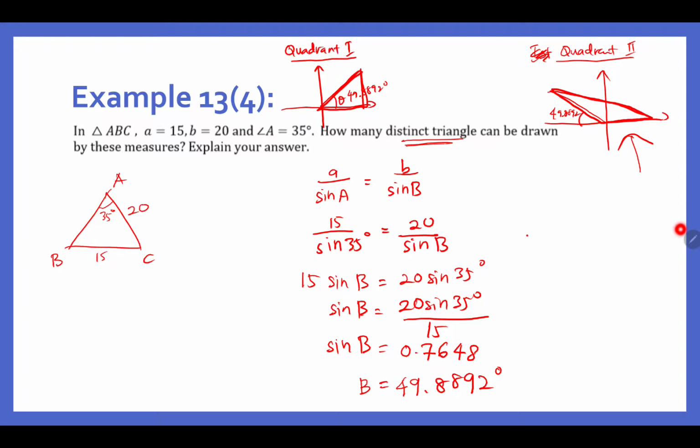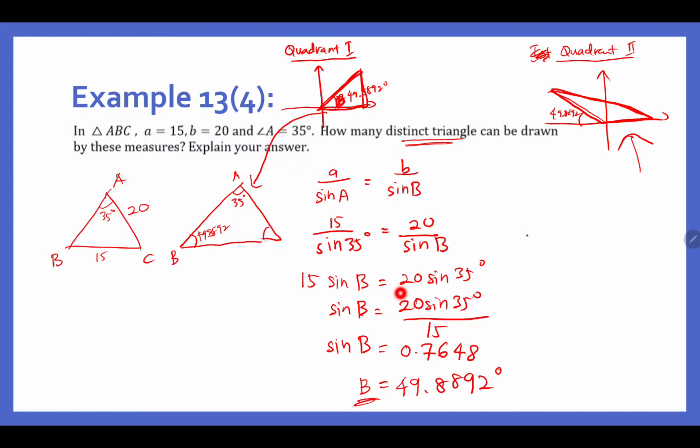Macam mana nak tahu possible ke tak? First kita check untuk kuadran 1 dulu. Ini adalah angle B, 49.8892 tu. Angle A dah diberi dalam soalan, A dekat sini adalah 35.